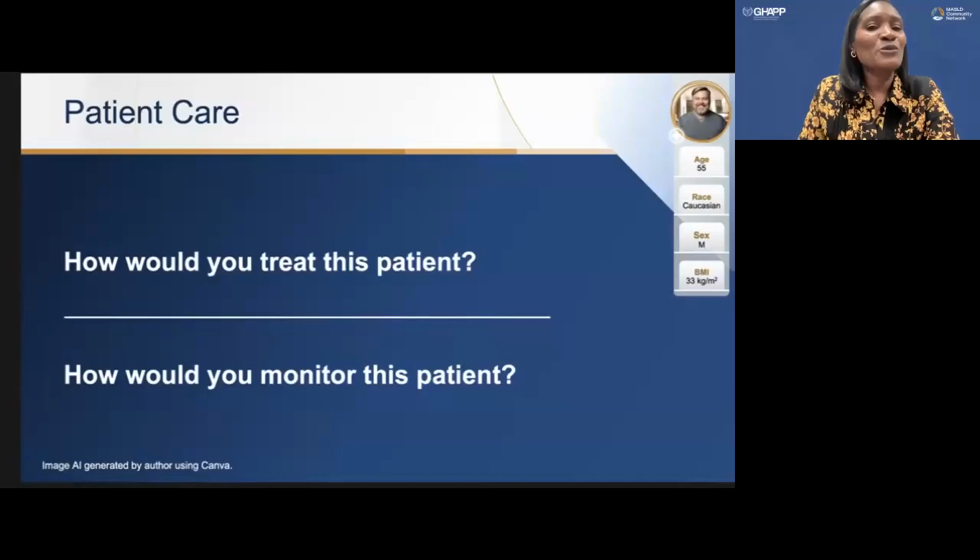And how would you treat this patient and how would you monitor this patient? Okay. So Q6 months HCC screening, and I heard EGD to screen for varices, and based on the NITs that were performed, this patient has cirrhosis.